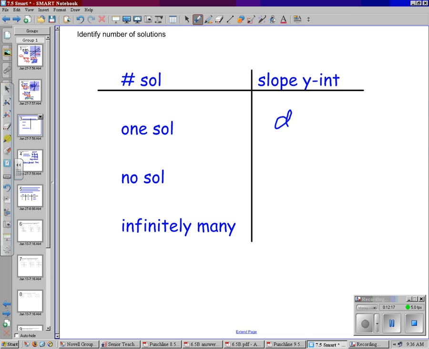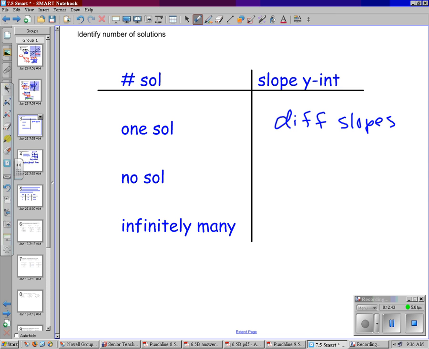Different slopes. Different slopes. Okay, that's all that we worry about. We got different slopes. Could they have the same y-intercept? Possibly. Yes, no? Yes, because they could intersect at the y-intercept, but they're going to have different slopes when there is one solution.